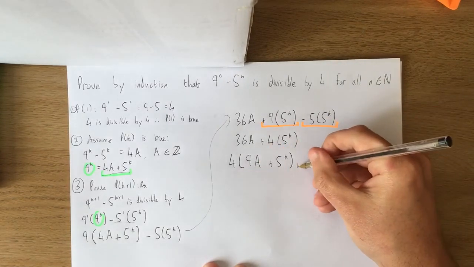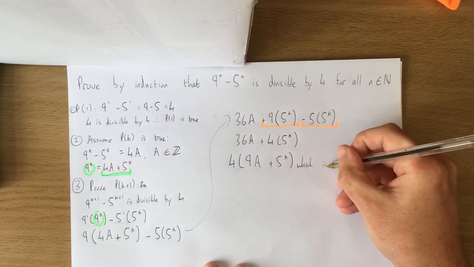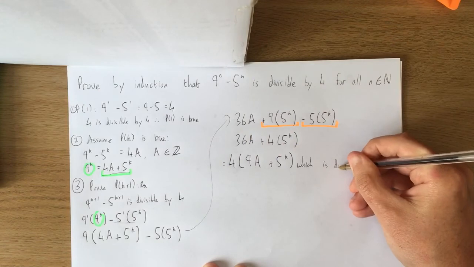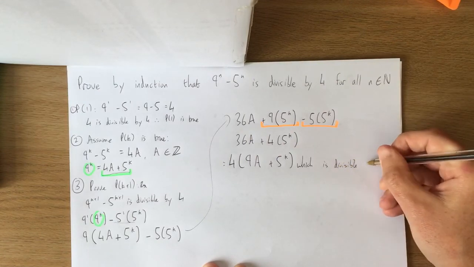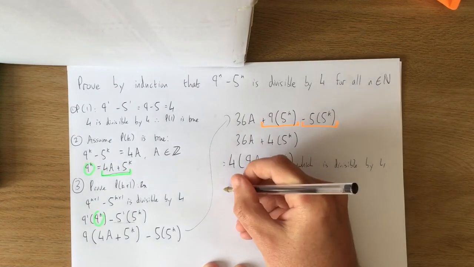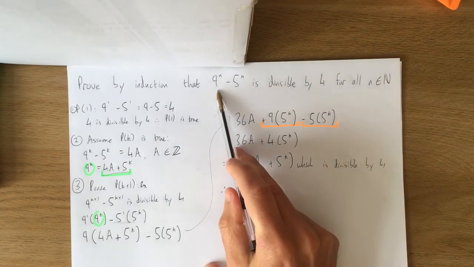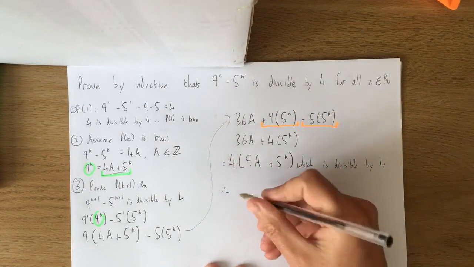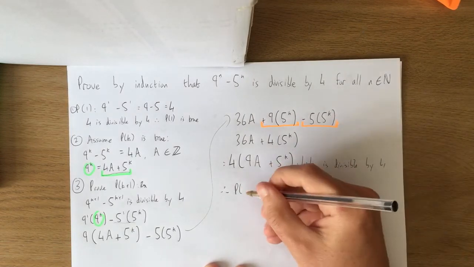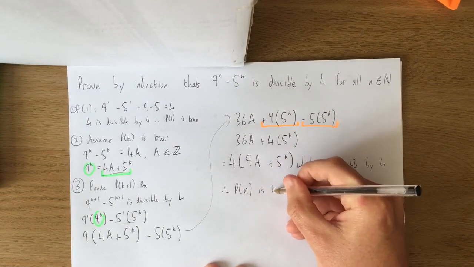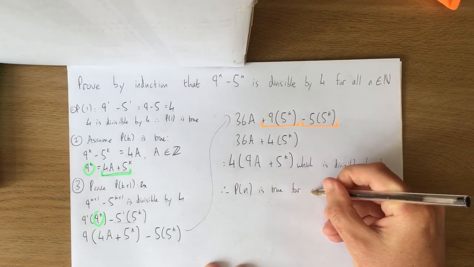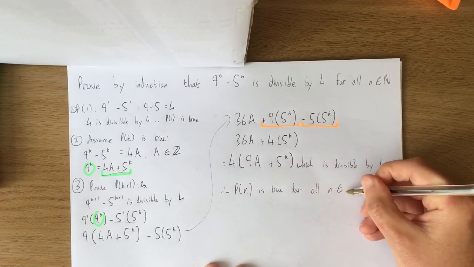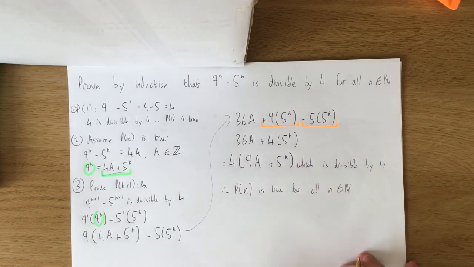So, which is divisible by 4. Therefore, 9 to the n minus 5 to the n is divisible by 4 for all natural numbers, or if you like, p to the n is true for all natural numbers.